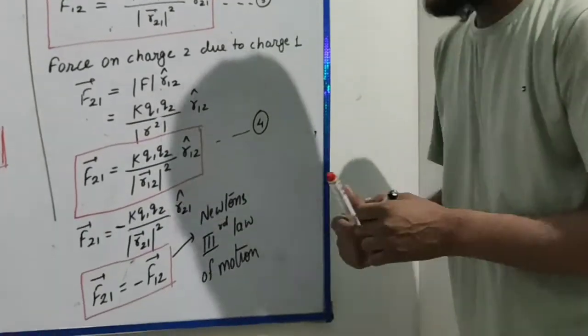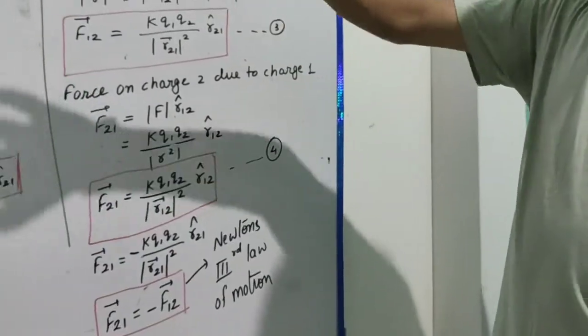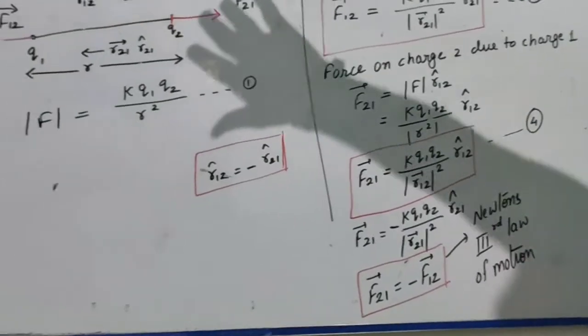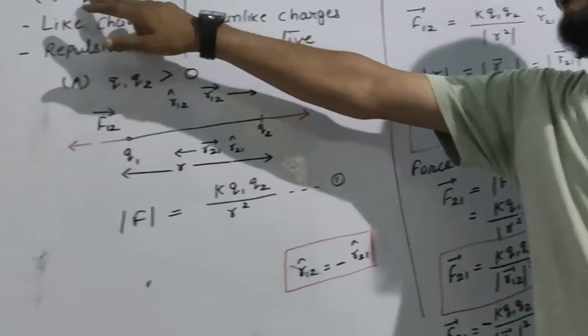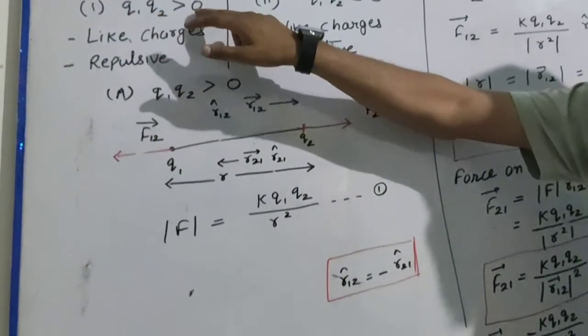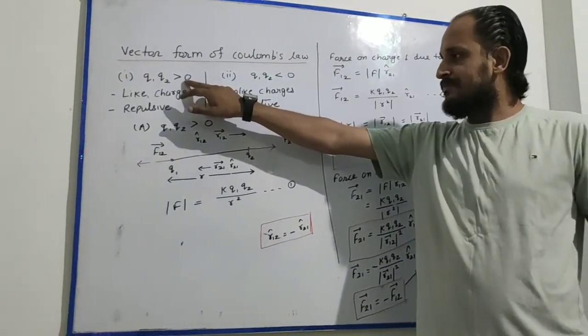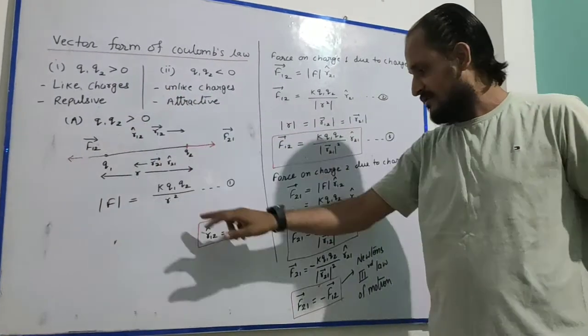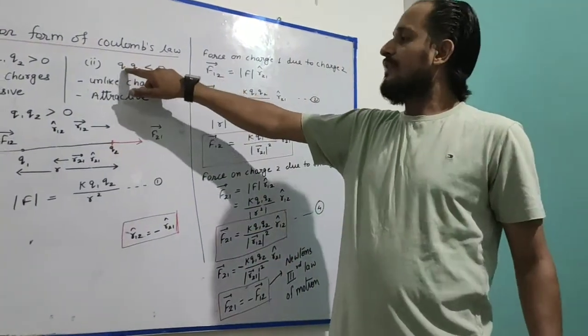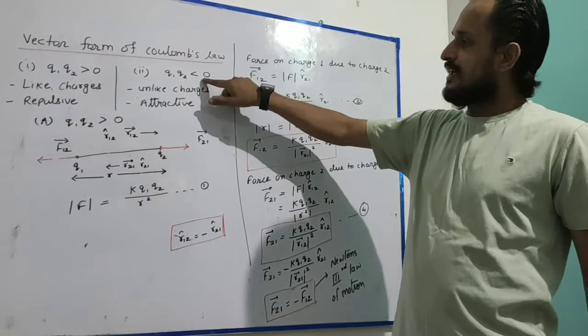So what did we do? Two things we have completed. First, if it is written Q1 Q2 is greater than 0, what does it mean, and how can you express this relation in terms of vectors. Now, if Q1 Q2 is less than 0, what does it mean?